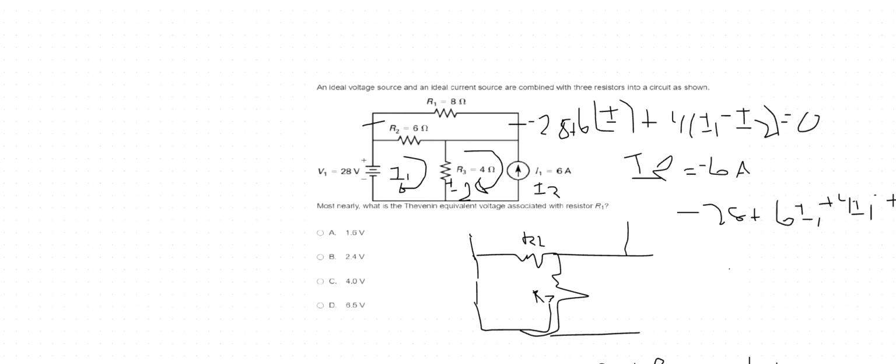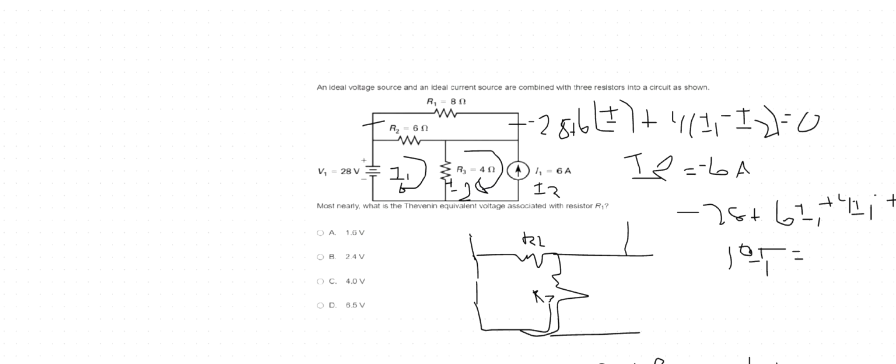And then from there, that would be 10 I1. Everything is I1. You work it out, so you plug it in. 24 minus 28, which would be negative 4.